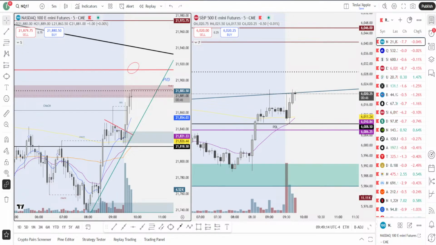Seeing a little bit of weakness here. Let's see if they can hold out. She's going.